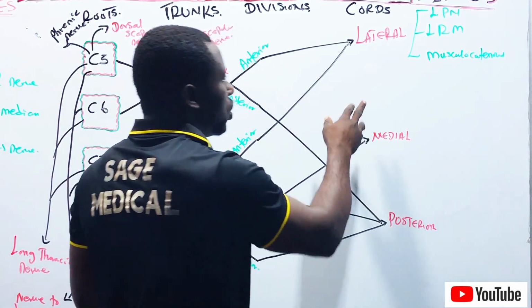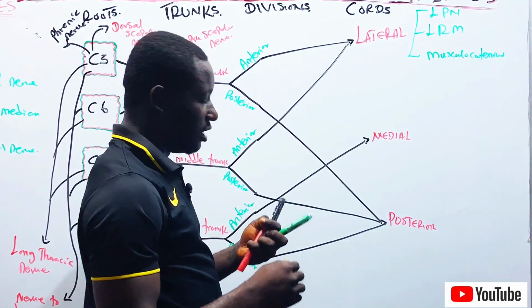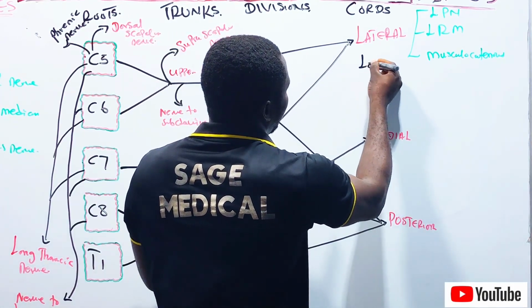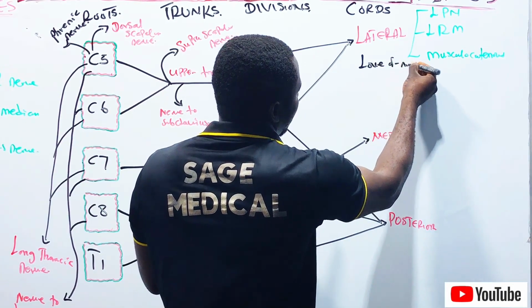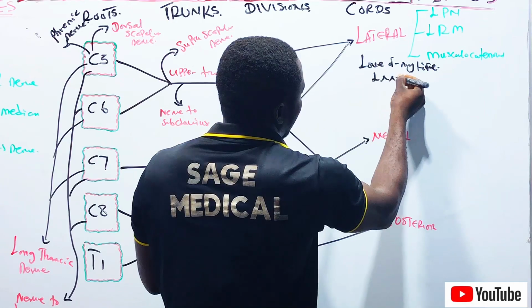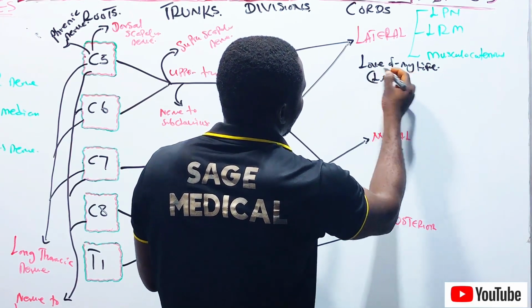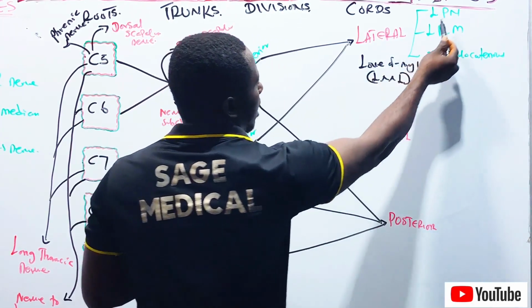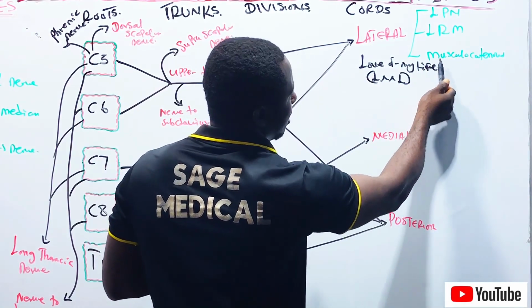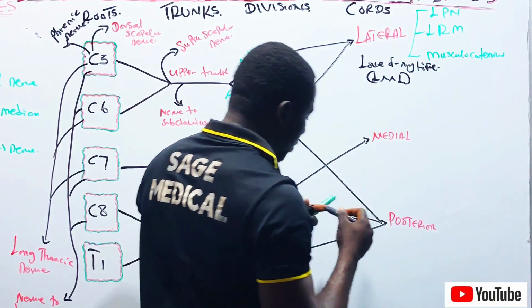I have a mnemonic to remember the lateral cord of the brachial plexus. The mnemonic is love of my life. LML. L is for lateral pectoral nerve, M is for musculocutaneous nerve, and the last L is the lateral root of the median nerve.